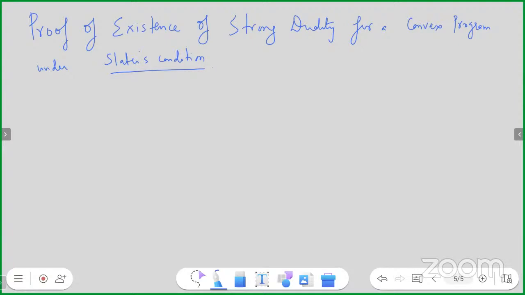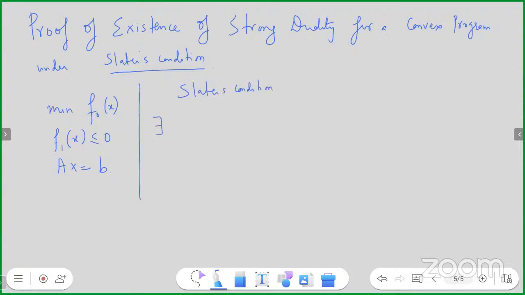So what is my convex program? What is the condition? And x delta strictly greater than 0. That's my steps.